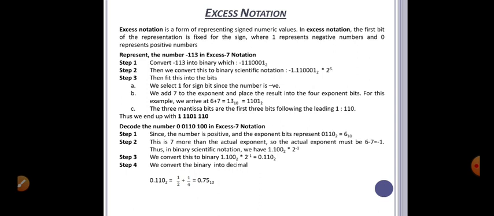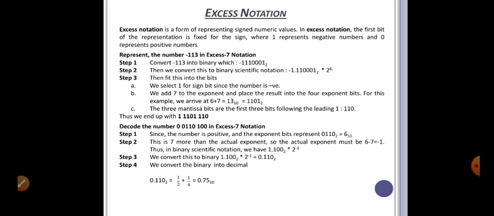If we have to do it, then what first? Step 1, since the number is positive, because 0 is written at the start, and the exponent bits represent 0 1 1 0.